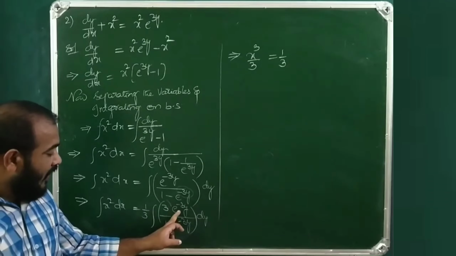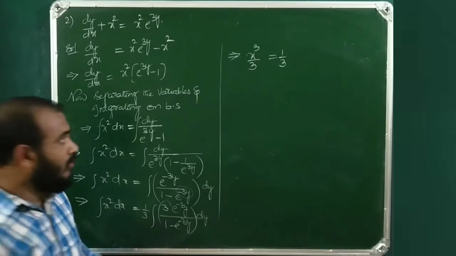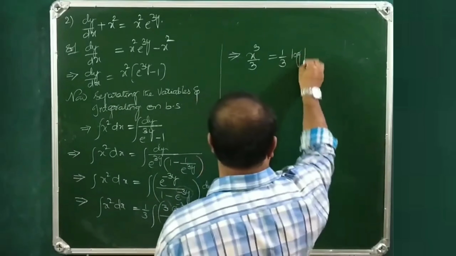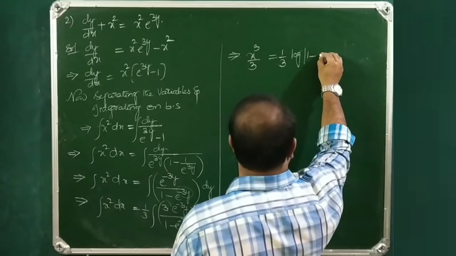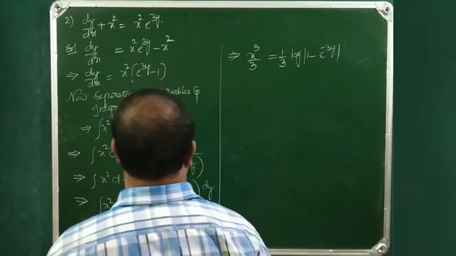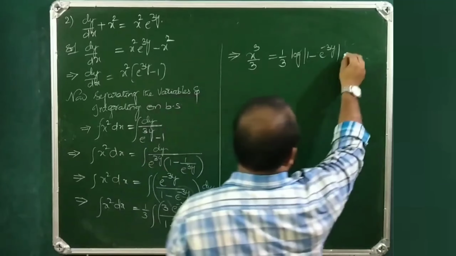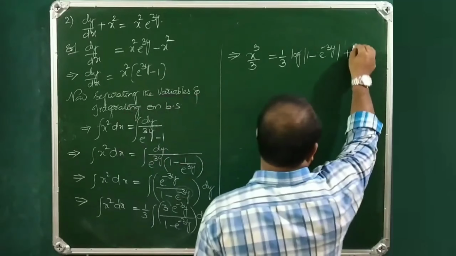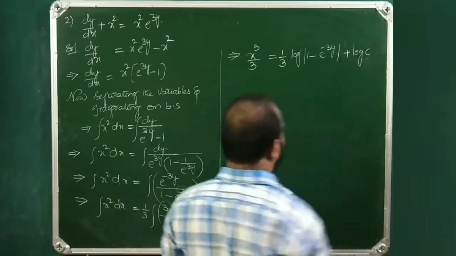Therefore, this is f dash y by f of y, log mod f of y. So this is log 1 minus e power minus 3y, plus constant of integration c. So that is log c I will take.